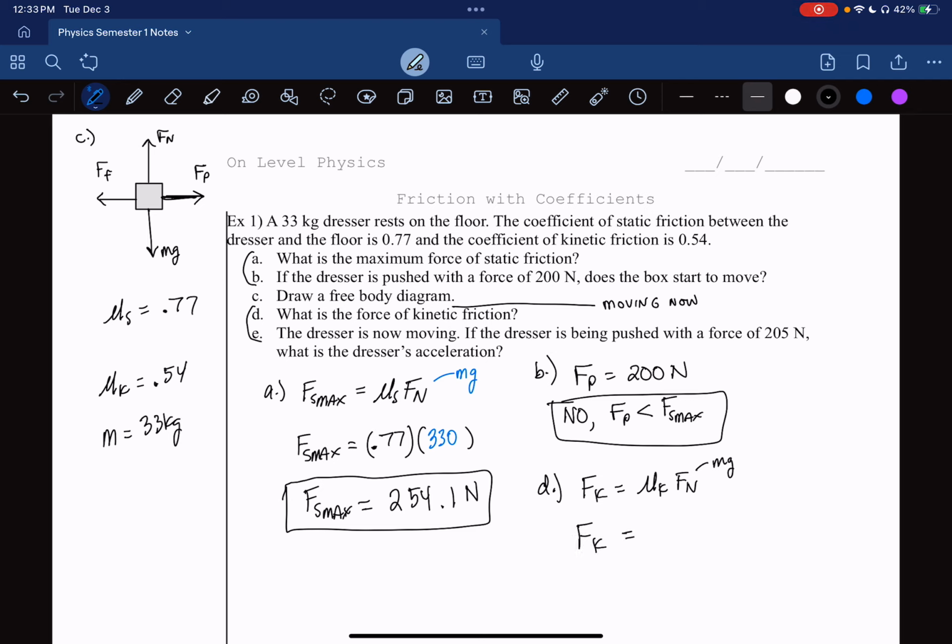And so Fk is equal to mu sub k, which is 0.54, again from the problem, and mg is still 330. So the friction force is 178.2 newtons.